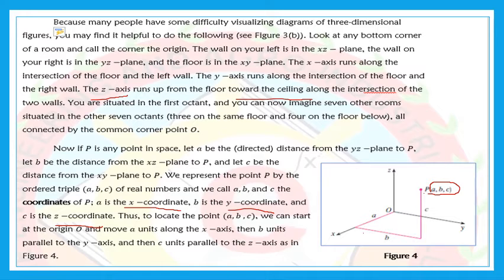So, si B is parallel siya kay y-axis. Tama, di ba? And then C units parallel to the z-axis, as in this figure. So, kung makikita ninyo, si B parallel siya kay y-axis. Si C naman is parallel siya kay z-axis.